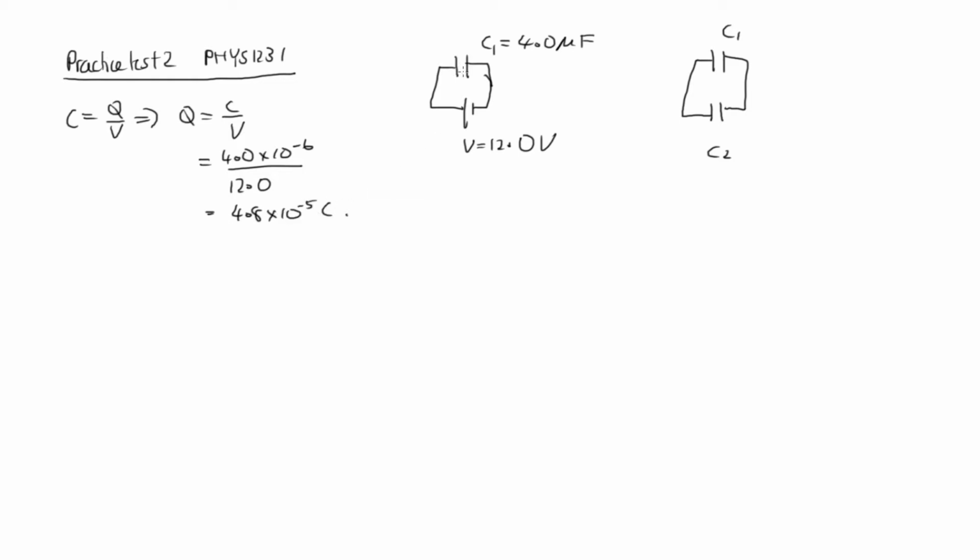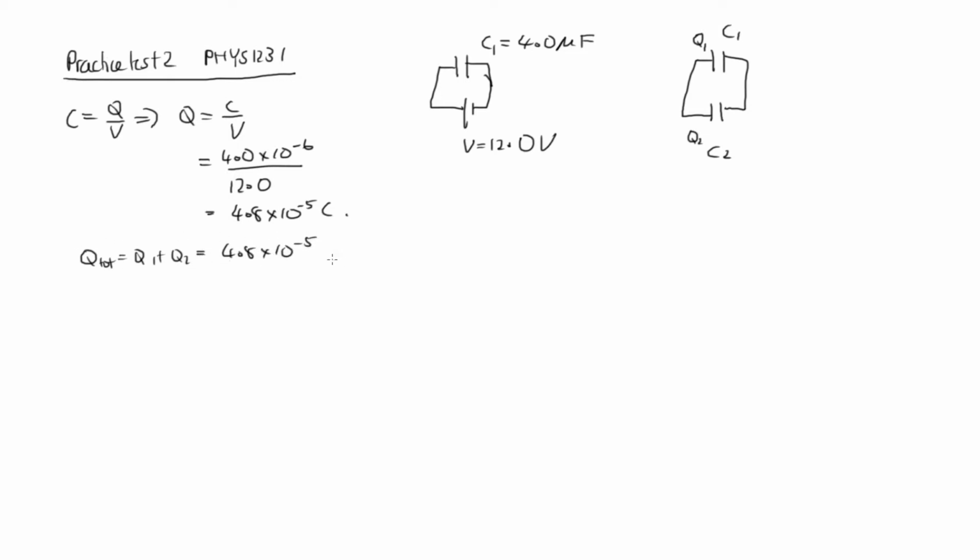So now that charge is distributed between these two plates. Here we've got Q1, here we've got Q2, but those sum together to give us this, because charge can't be created or destroyed. So Q total is equal to Q1 plus Q2, which is equal to 4.8 times 10 to the minus 5.